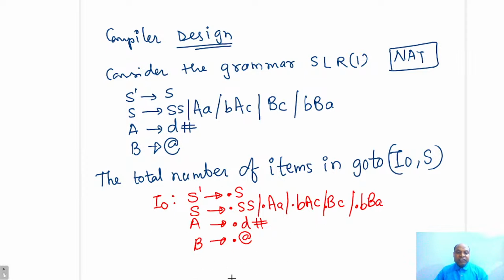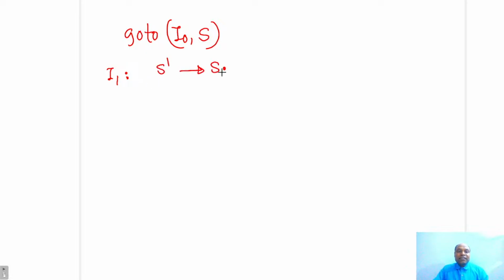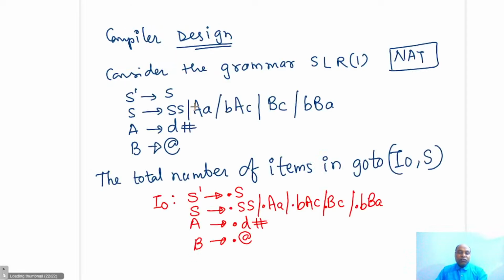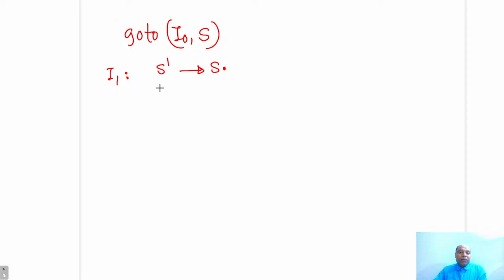Now we need to identify goto of I0 comma S, that means the number of items in I1. S' production dot S was there, so now we will create S' production S dot. In this state, S dot S is also there, so we include that part also.